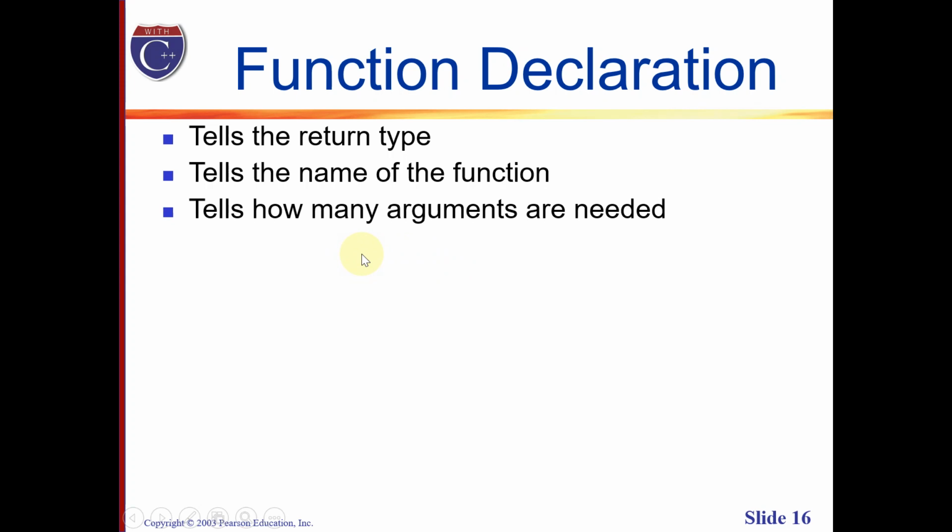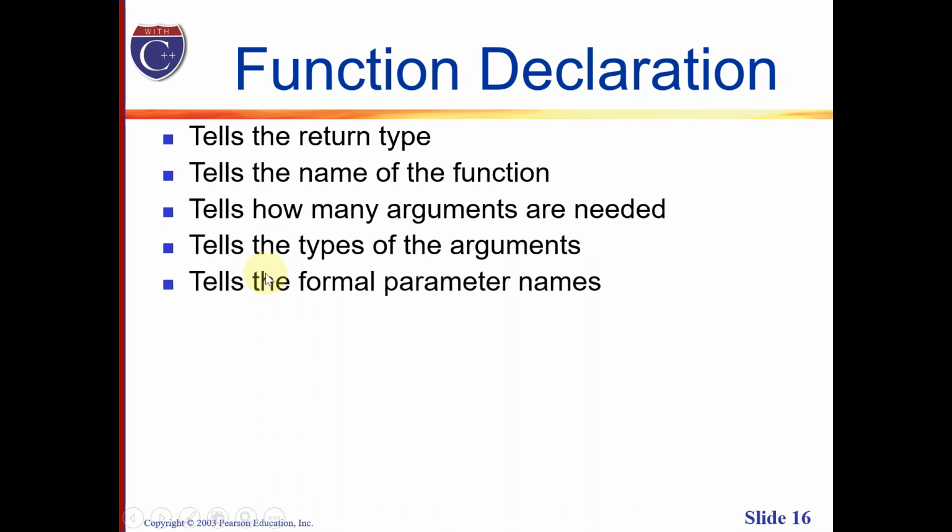In the function declaration, we also see how many arguments are required. And just like your variable declaration, those arguments also need to have a data type, which are also shown in your function declaration. And of course, it also shows the formal parameter names.